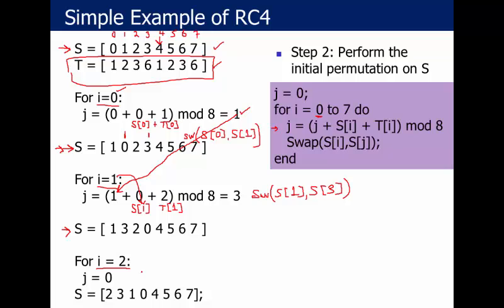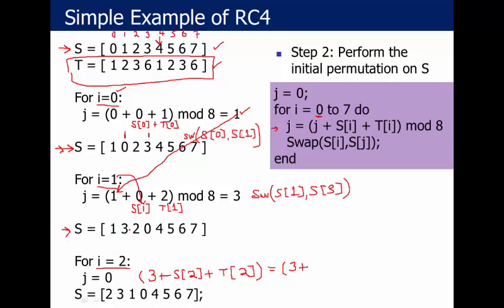So J equals the current J, which is 3, plus S of I, so S2, plus T of I equals 2, which is nothing but 3 plus S of 2.